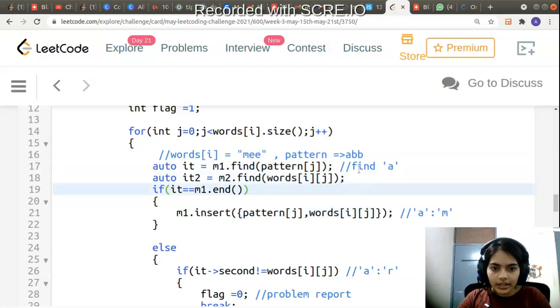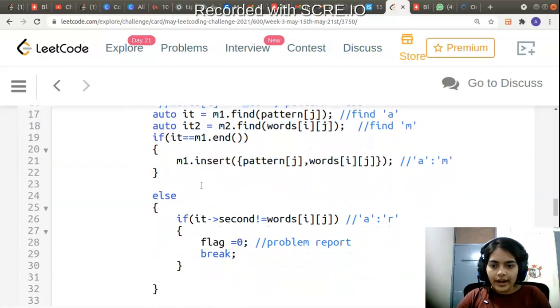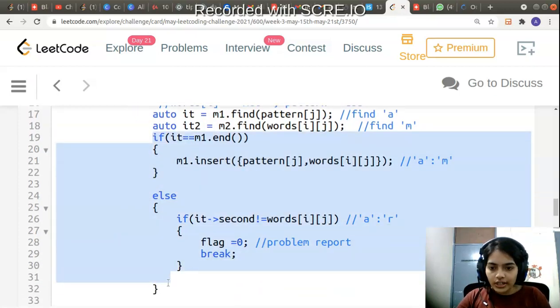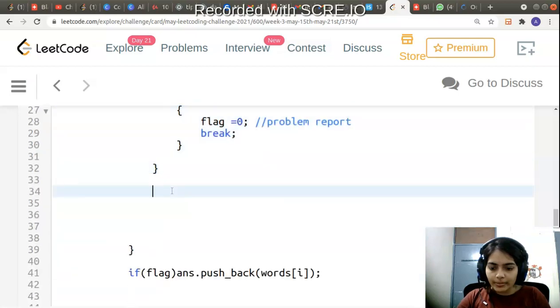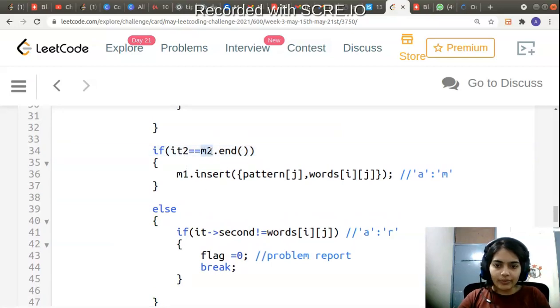In this case, it is going to find, let's say, M, which is the first character in the word. The if else statements I should actually just give the same. So I will just copy paste this if else statement, and in place of IT I will give IT2. In place of M1 I will make M2, and I will just reverse this statement.